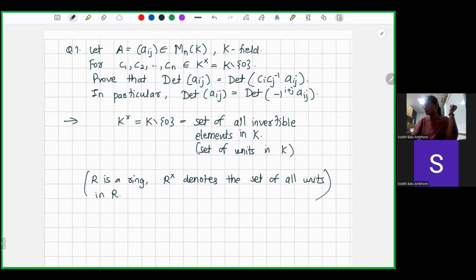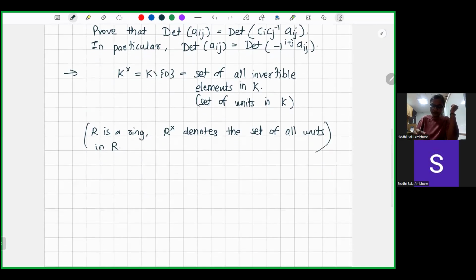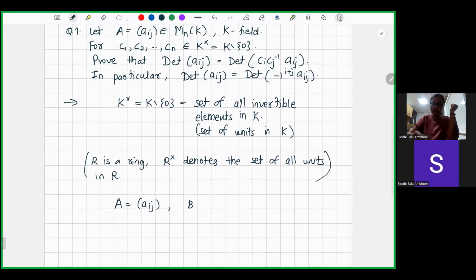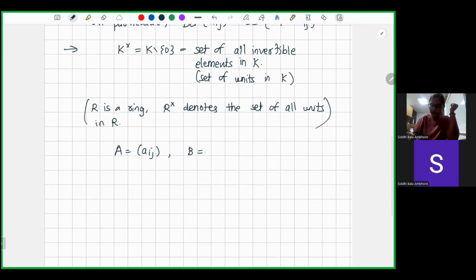So how does this matrix actually look? Suppose A is this (Aij), and let us call this other matrix B. Let B be (Ci Cj inverse Aij). So entries are of this form.